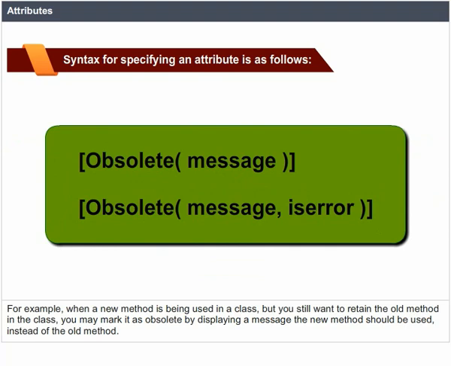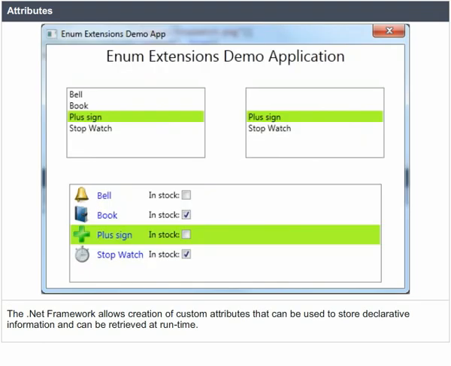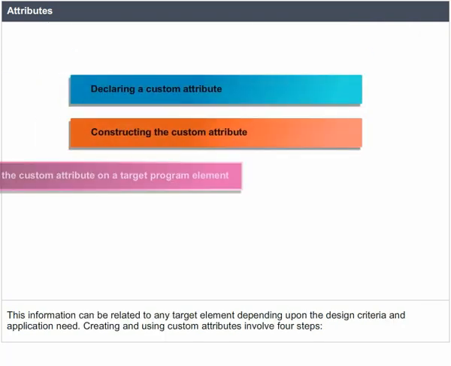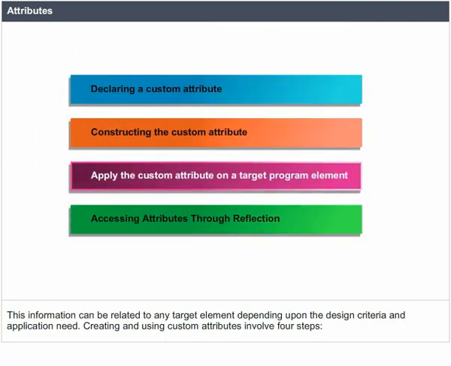Attributes. The .NET framework allows creation of custom attributes that can be used to store declarative information and can be retrieved at runtime. This information can be related to any target element depending upon the design criteria and application need. Creating and using custom attributes involve four steps: declaring a custom attribute, constructing the custom attribute, applying the custom attribute on a target program element, and accessing attributes through reflection.